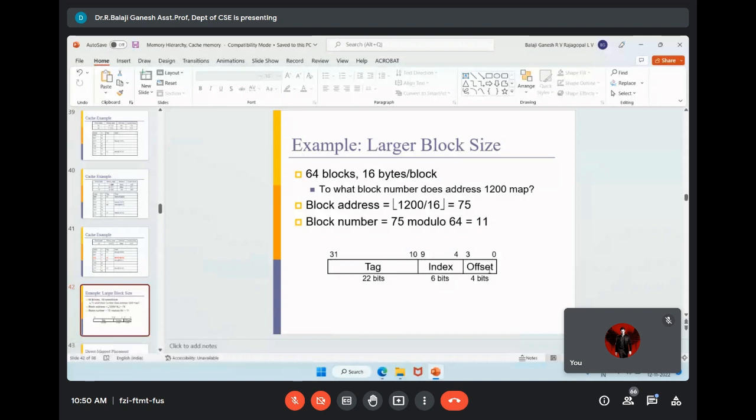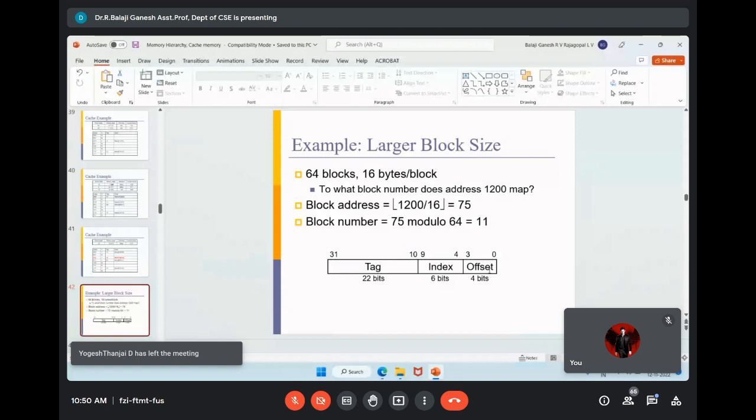So whenever you are given a memory address of 32 bits, 0 to 31, you have to classify it into offset, index and tag. Offset refers to how many bytes per block, right? That is what offset is. Index means how many blocks are in your total cache memory. Tag means whether that particular cache block is relevant to the main memory block or not. That is bits 10 to 31, 22 bits.